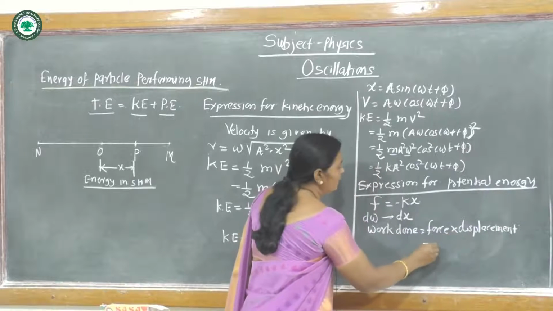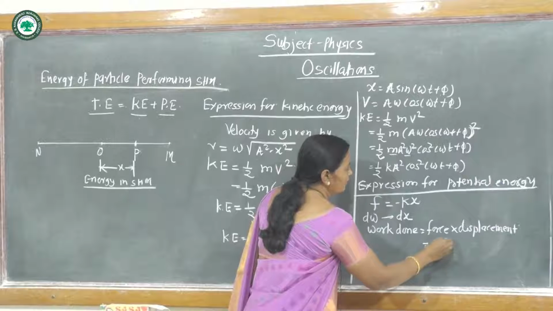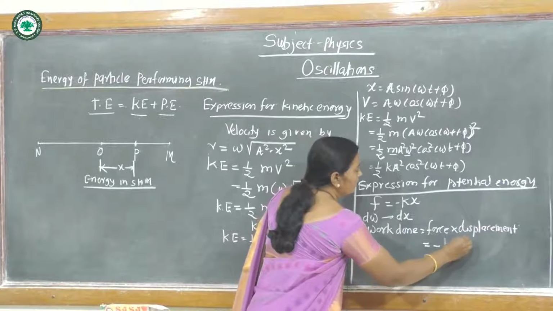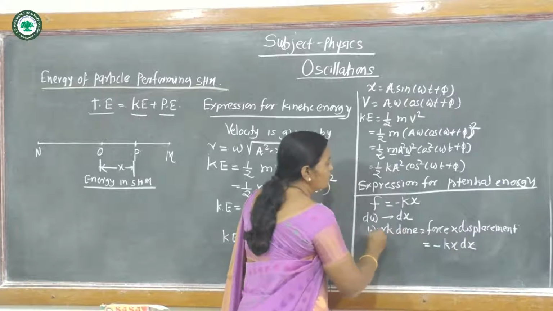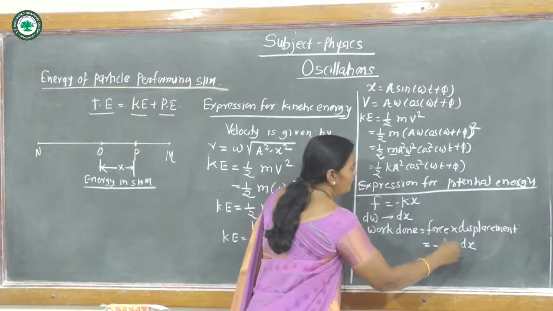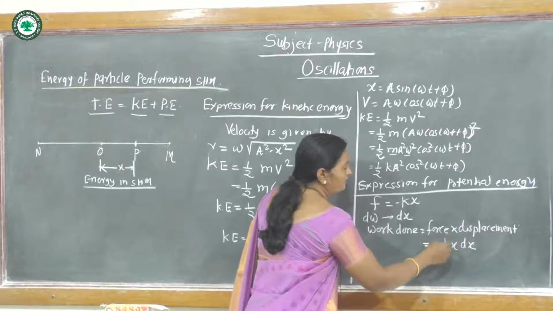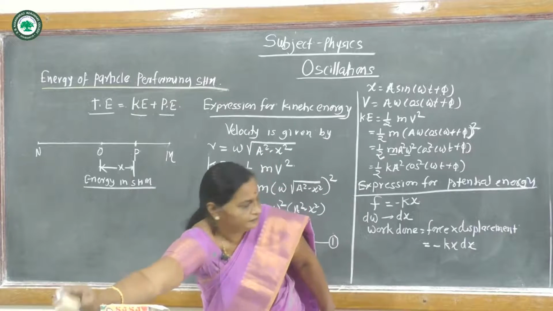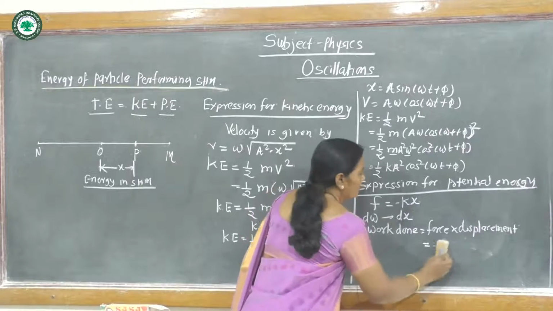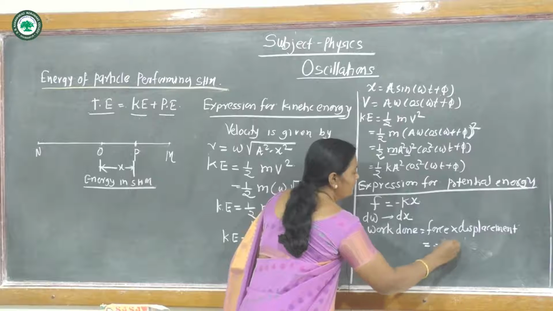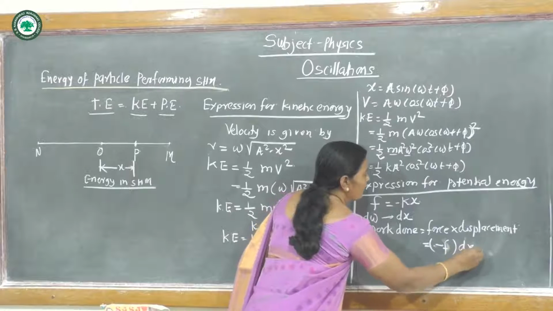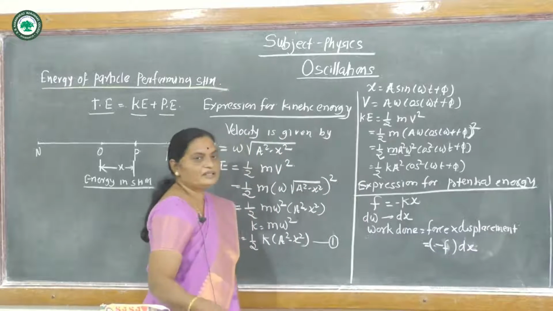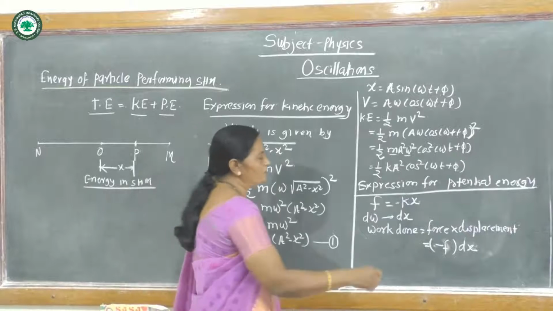The force is minus kx, and the work done and restoring force are opposite, that is minus F into dx, since the restoring force is opposite to the mean position.